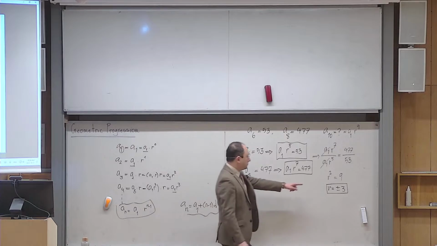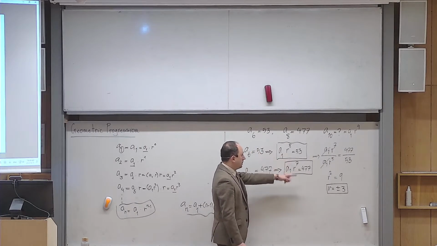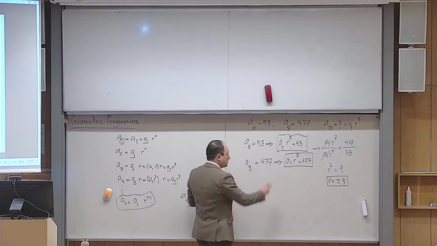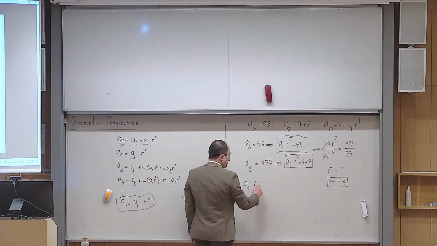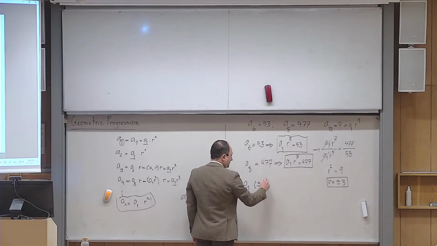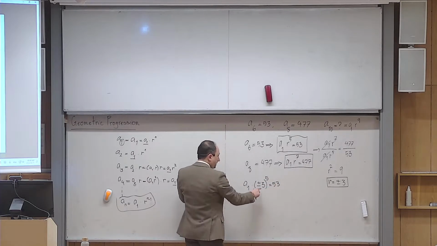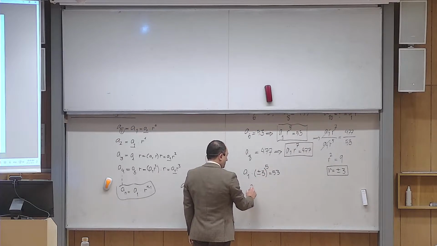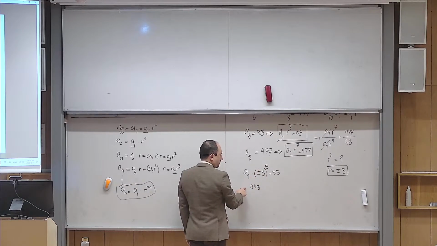But now I need to know A1. Which one do you prefer? I think this is easier, yes? I put this R back into this equation and I find my A1. So from this equation I have A1 multiplied by plus or minus 3 to the power 5 is equal to 53. But this number to the power 5 is 243. If it is positive, when I raise it to power 5, it remains positive.